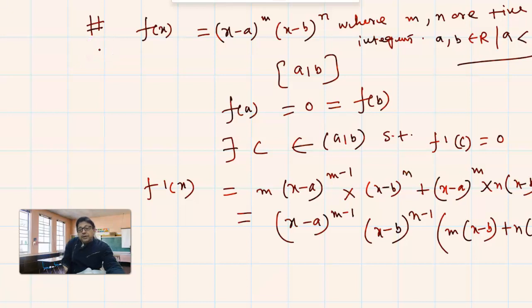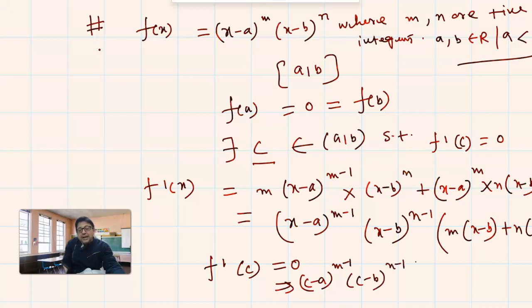Now if we put f dash c equal to 0, at x equal to c, it becomes (c minus a) to the power m minus 1, into (c minus b) to the power n minus 1, into m (c minus b) plus n (c minus a).